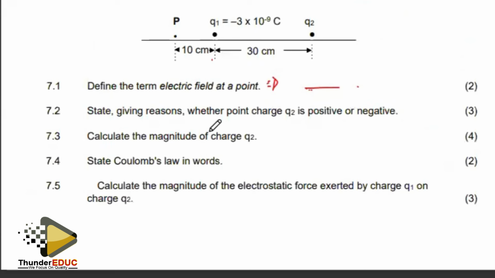All right, then state, giving reasons, whether the point charge Q2 is positive or negative. Now, the fact that we're having 2 charges, one of which is negative, and we have a net force of 0, then chances are high that this Q2 is going to be positive.